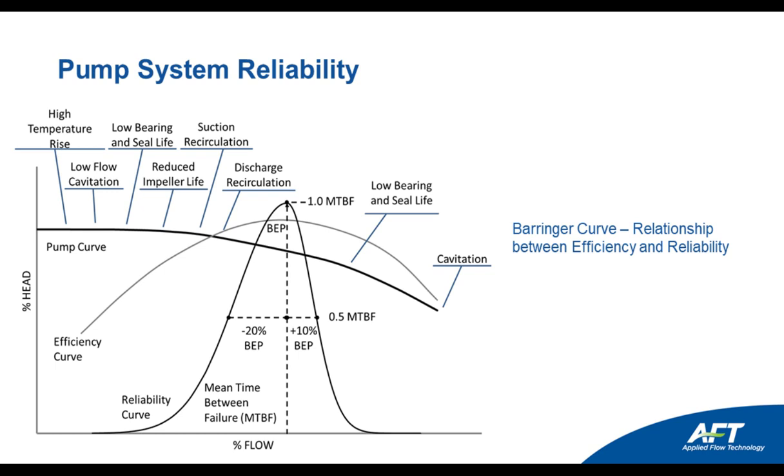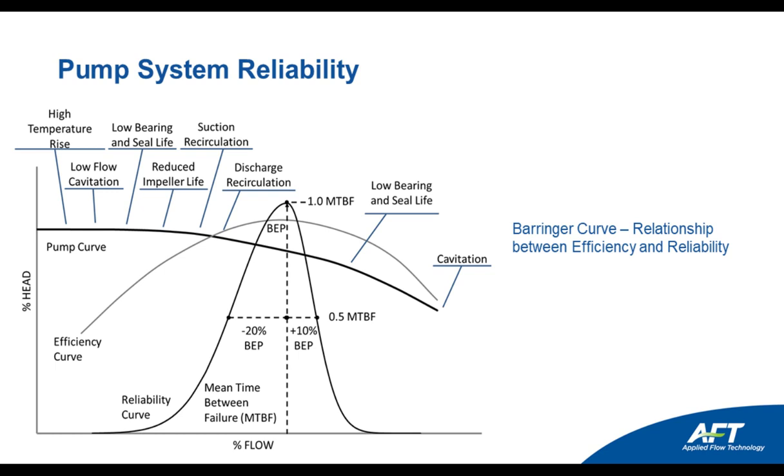The maximum efficiency of the pump is known as the best efficiency point, and on this graph, it's denoted by the vertical line. You'll see BEP. That's the best efficiency for the pump, which most likely is not 100%. It'd be really nice if it was, but that's for that particular pump the most efficient that it's going to be able to operate.